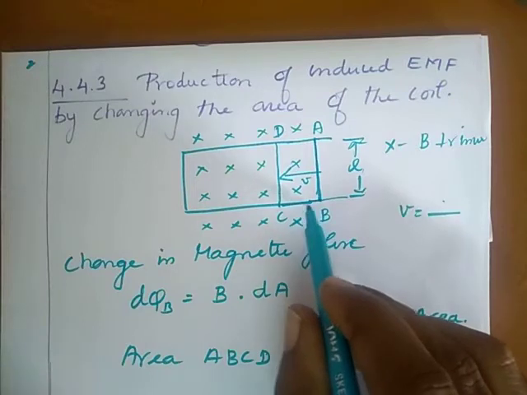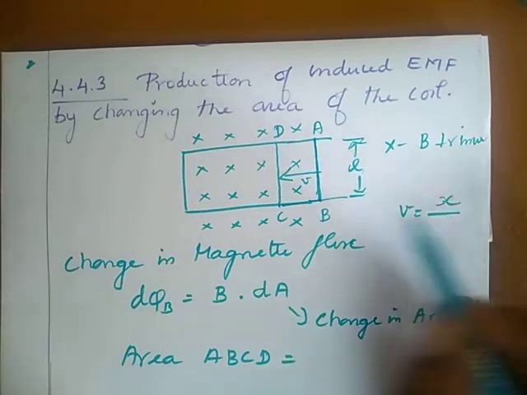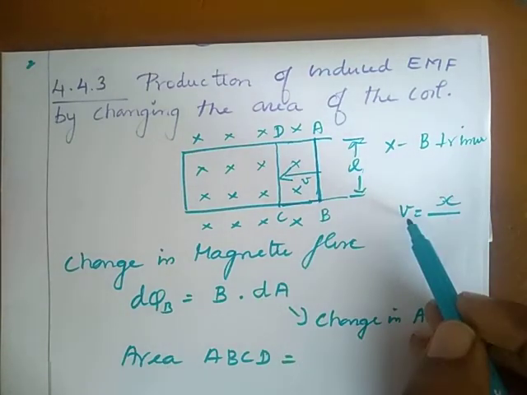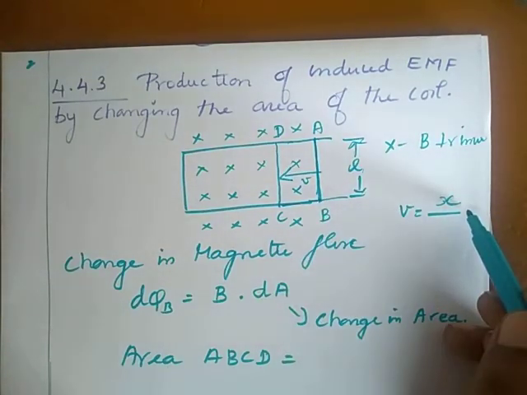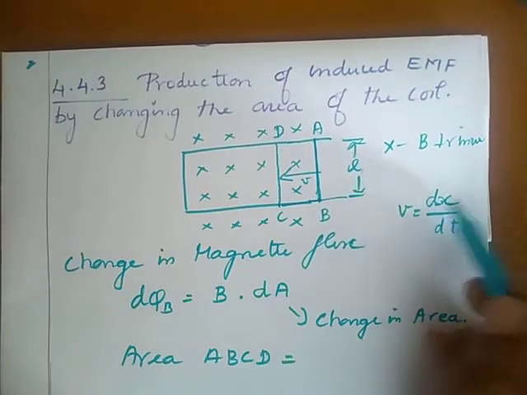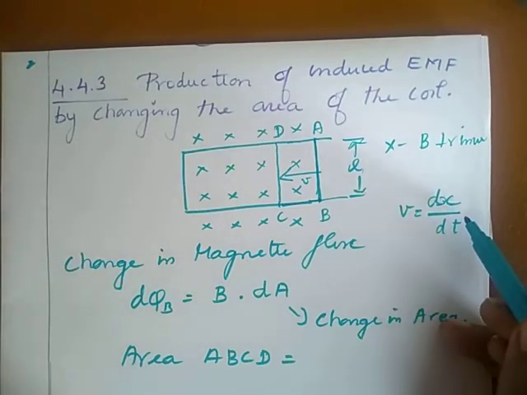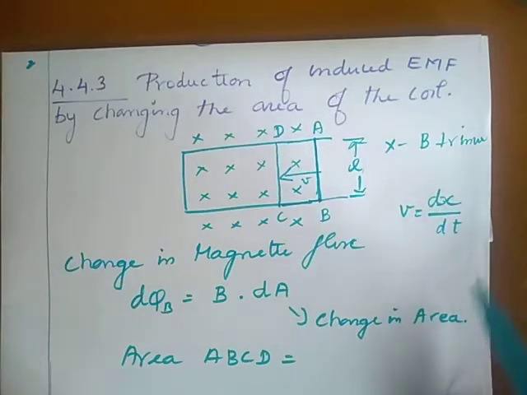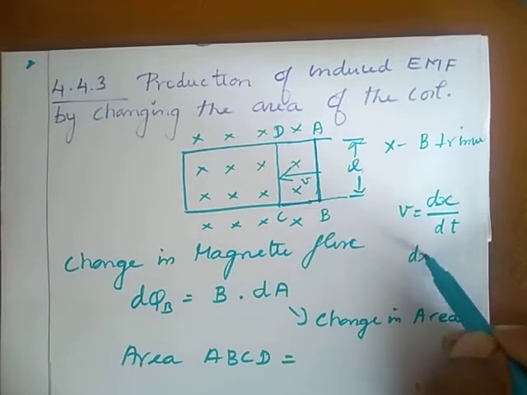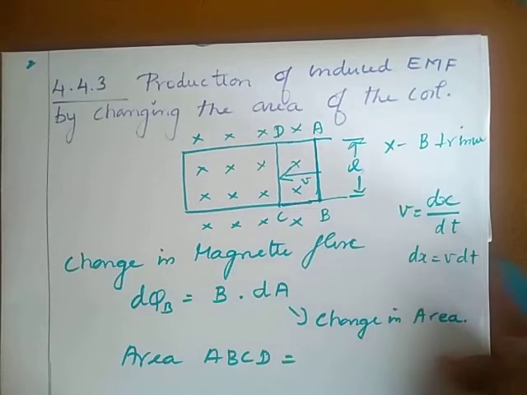I don't know this breadth, so I consider it as x. Then distance by time, the time is dt, so it is dx by dt. Small distance, so it is considered as dx by dt. We need only this value. Okay, then dx is equal to v dt.